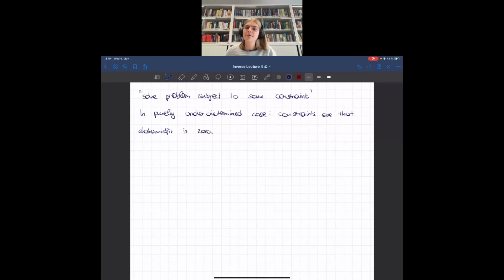So we're going to do the following derivation for the simplest possible case that comes to our minds. We assume 2 unknowns and 1 constraint.